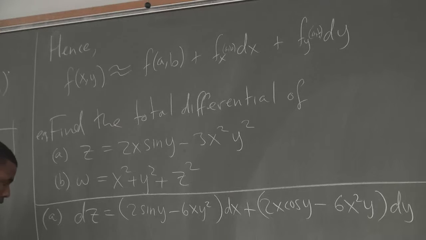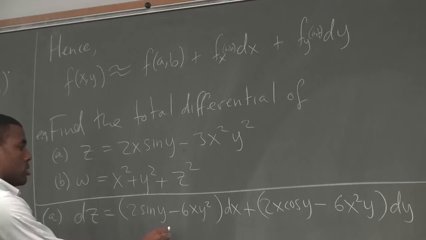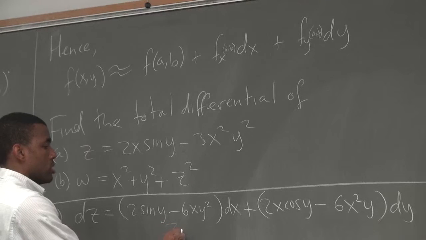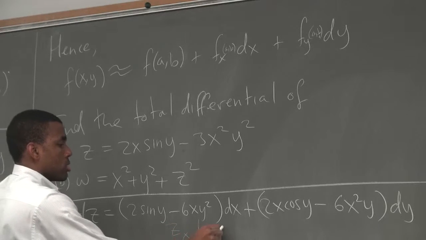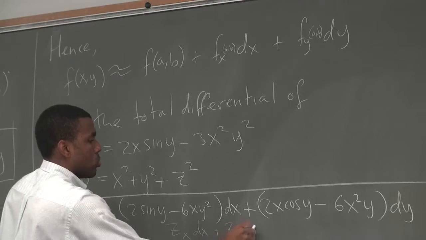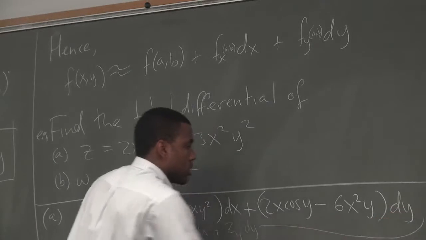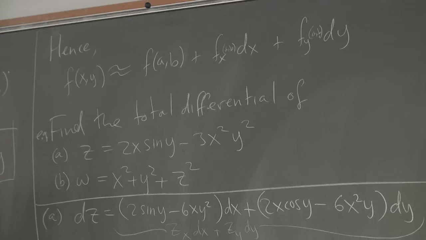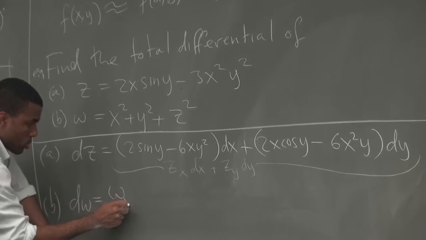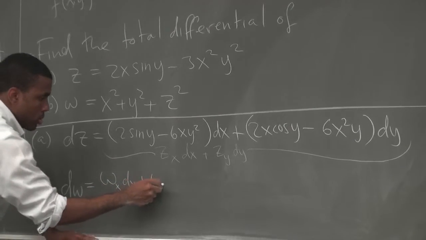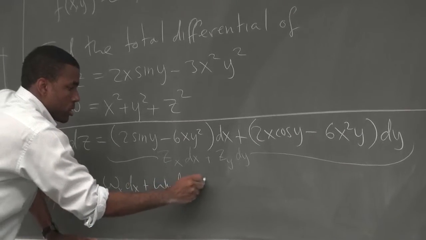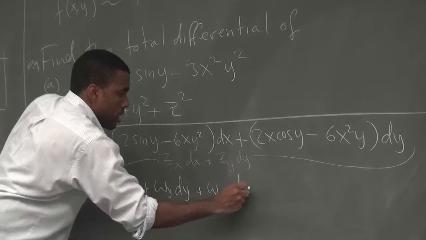B. Here we want to find dw. Which, by the way, you should notice that this is zx times dx plus zy times dy. That's what all of this is. dw is going to be equal to w with respect to x times dx plus w with respect to y times dy plus w with respect to z times dz.